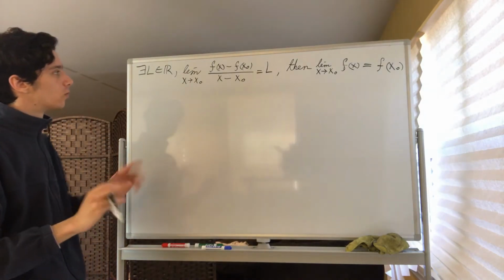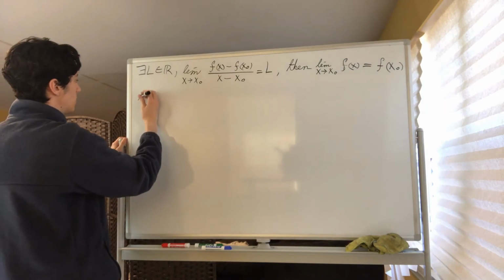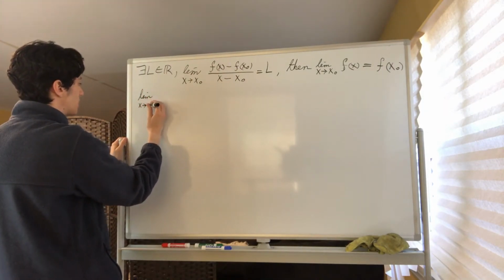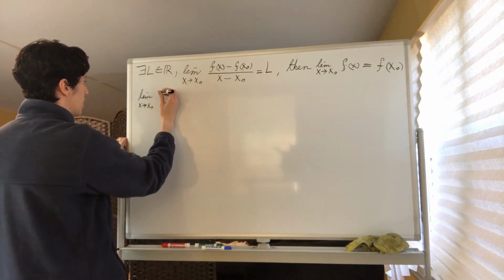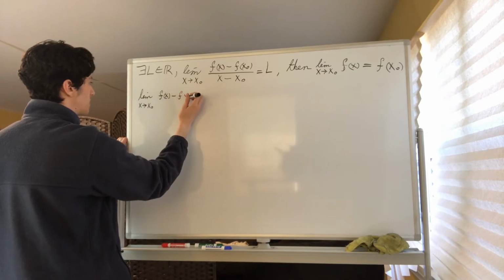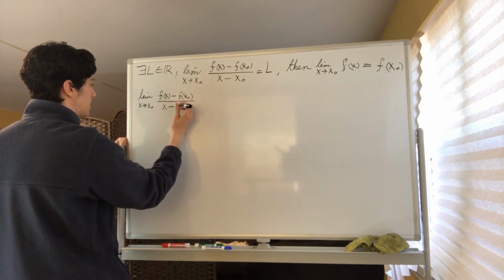So let's look at this first limit we have here. Right, we have our limit as x approaches x naught of f of x minus f of x naught divided by x minus x naught.